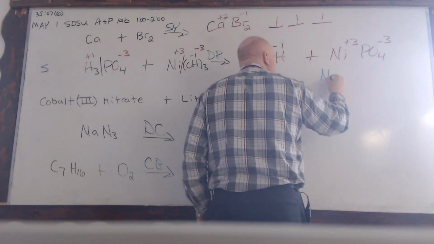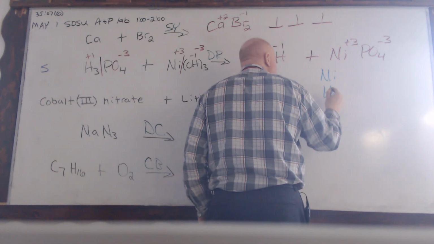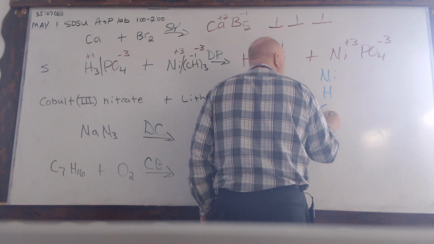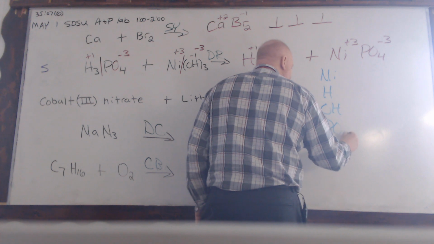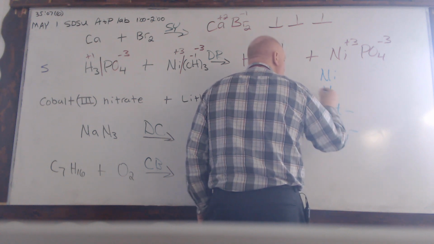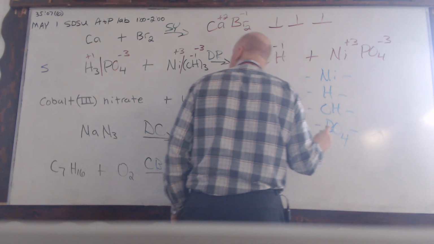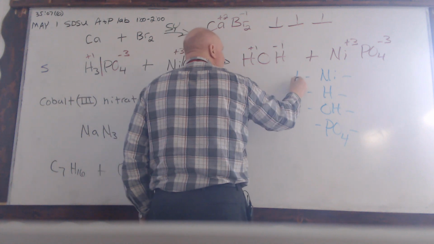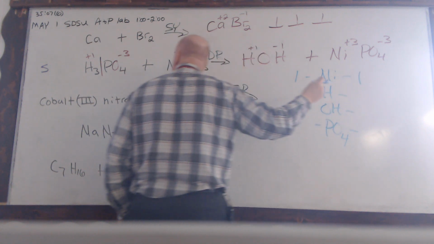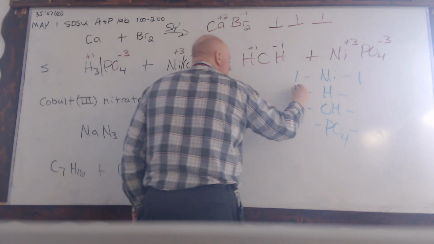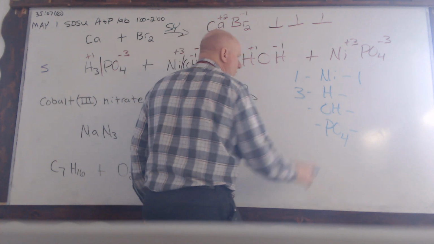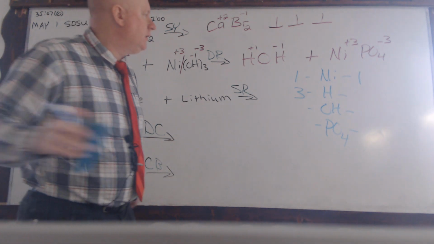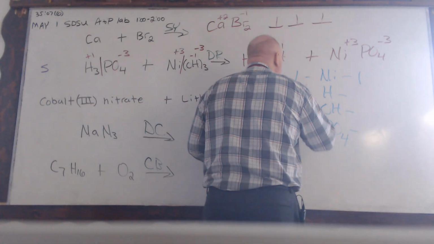We've got nickel on each side, hydrogen on each side, hydroxides on each side, and phosphates on each side. So again, we'll just help you get set up. We've got 1 nickel to 1 nickel. Okay, we've got 3 hydrogens on the right. No, we broke this apart. Sorry, that is incorrect. We've got 1.